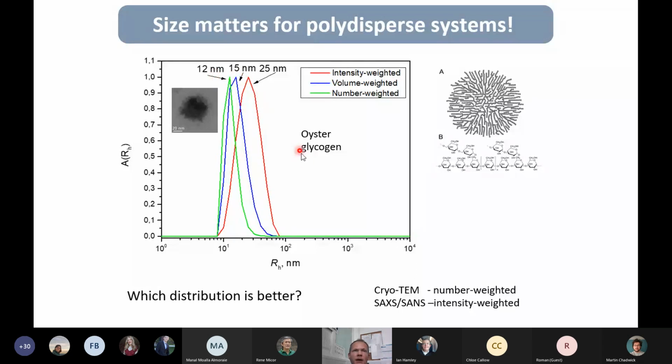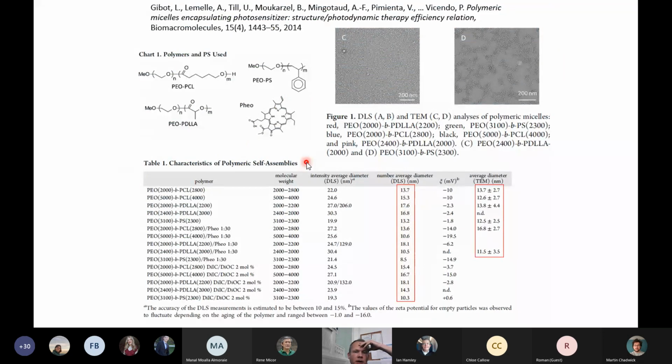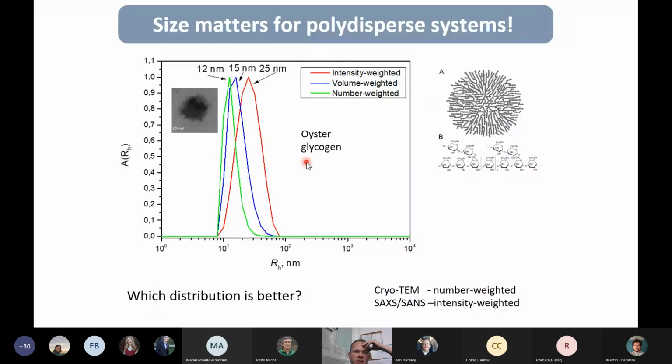Many times people observe a certain discrepancy between the value of the hydrodynamic radius provided by dynamic light scattering and the values provided by microscopy, for example cryo-TEM experiments. In many papers there was a discussion of what the source of this discrepancy is. Well, the main reason comes from this different weighting procedure.